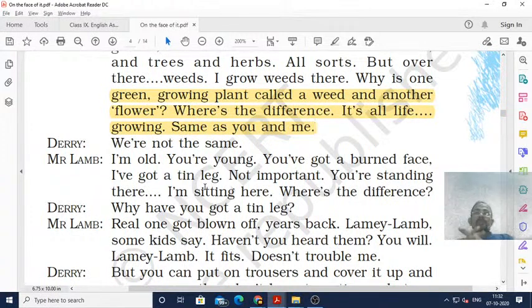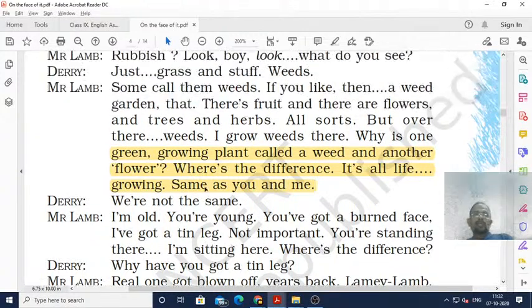What does Mr. Lamb want to say through these lines? You see here, Mr. Lamb says one part of the garden you can call weeds. Another part of the garden there's fruit and flowers and trees and herbs. Okay, all are green. But why?